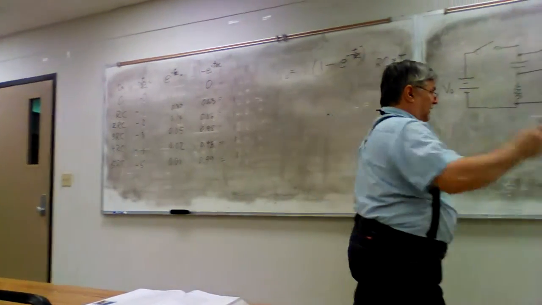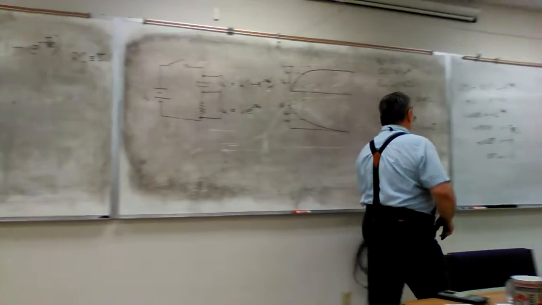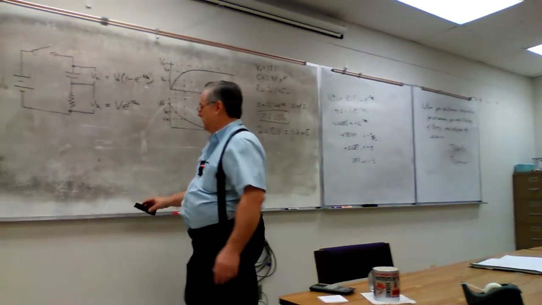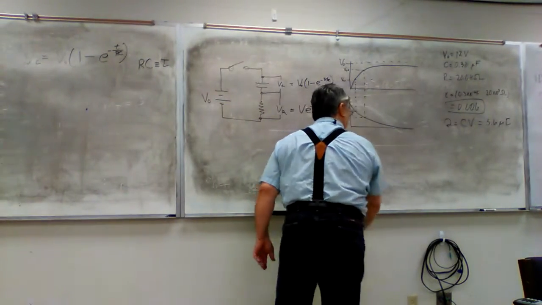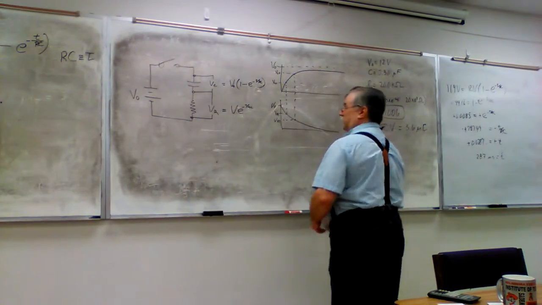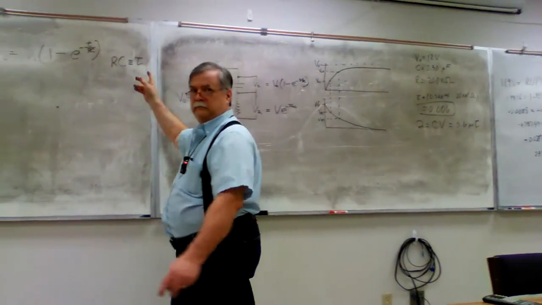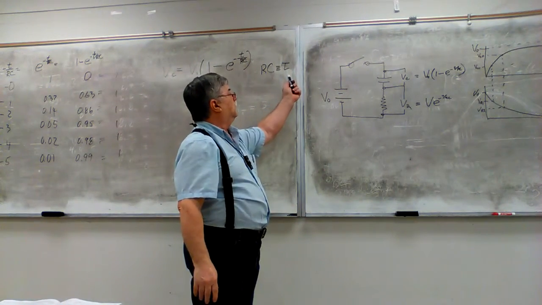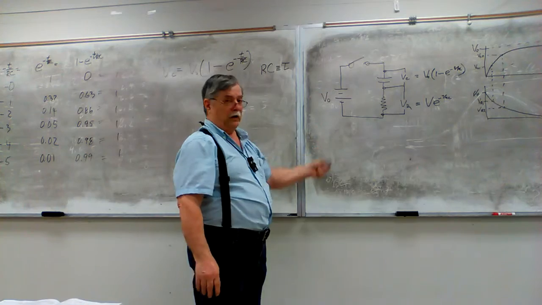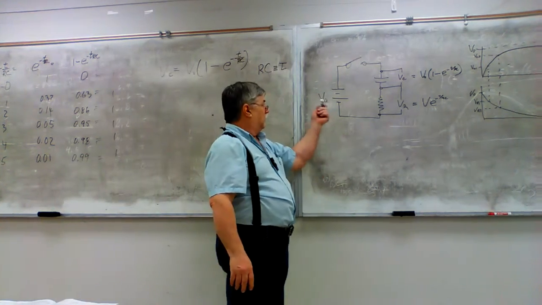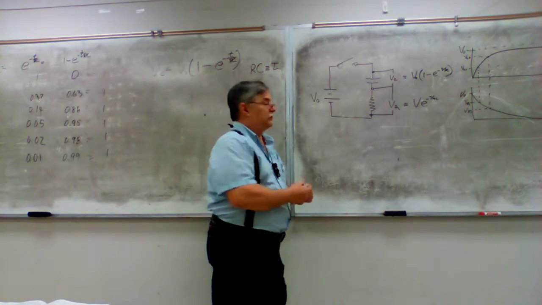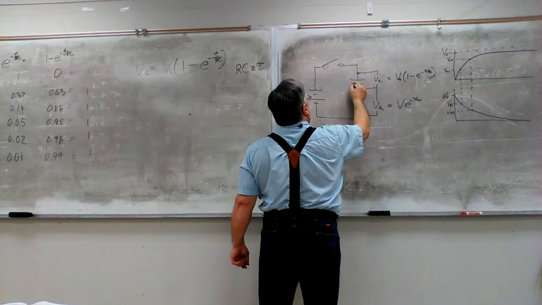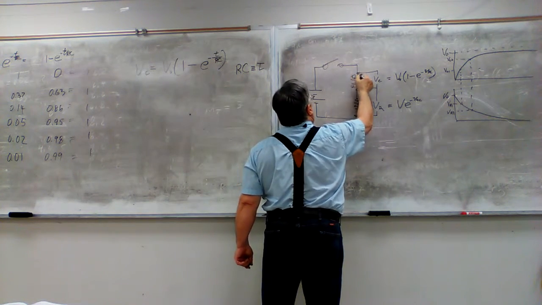Now this has all been talking about charging. We're charging this capacitor. In other words, we start off with the voltage across the capacitor at 0, and the switch is closed at t equals 0. What happens? The current begins to flow, and this builds up a minus Q here and a plus Q here.